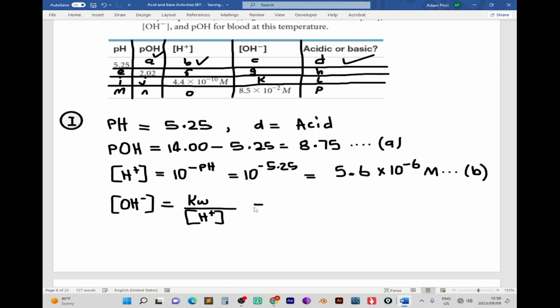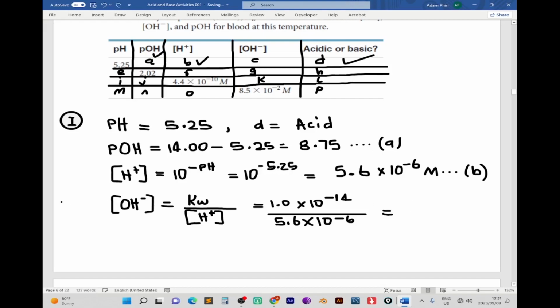So that means that we have 1.0 multiplied by 10 to the power negative 14, all divided by 5.6 multiplied by 10 to the power negative 6. And the answer there, if you use a calculator, should be 9 point something.